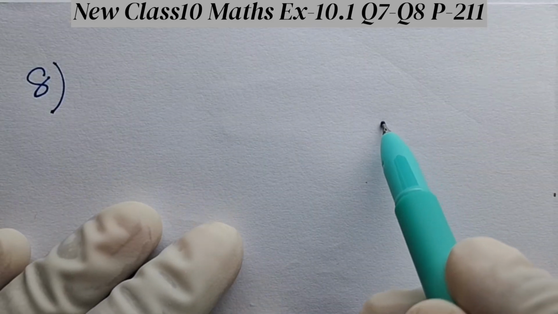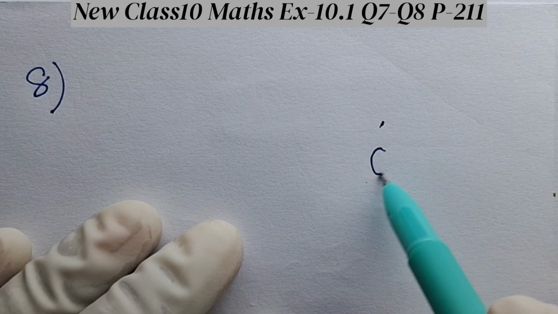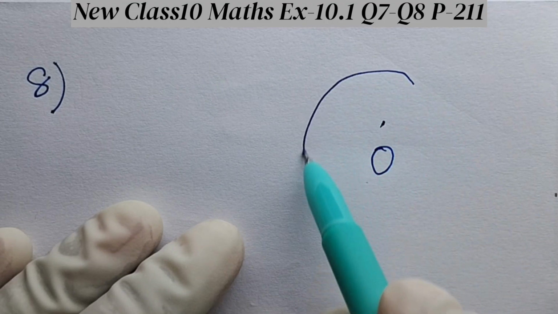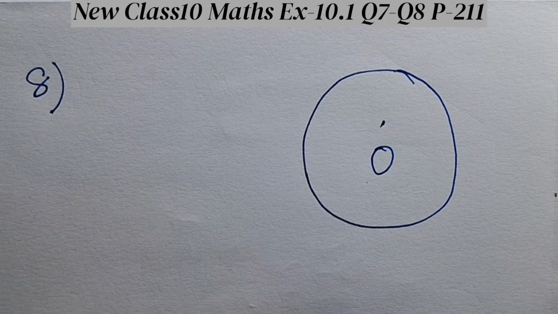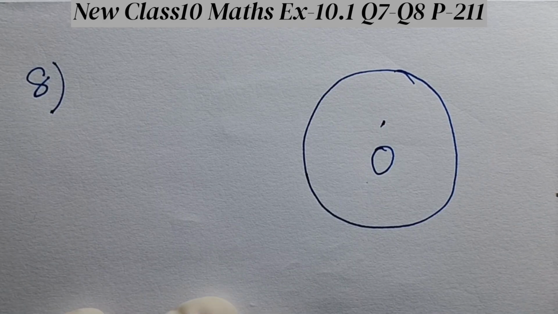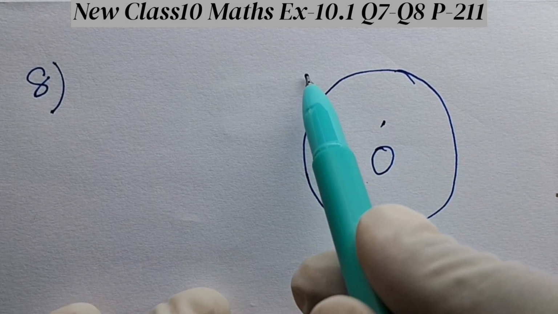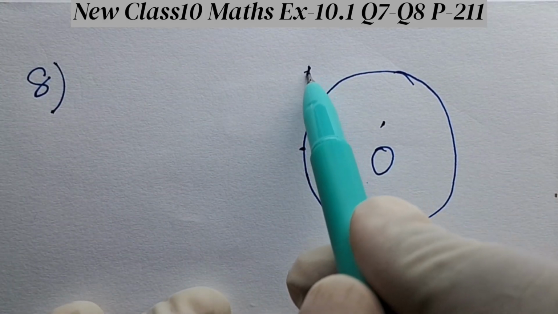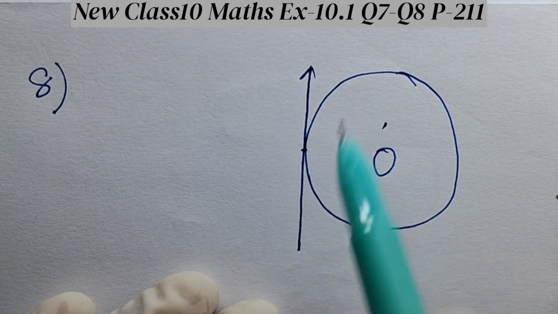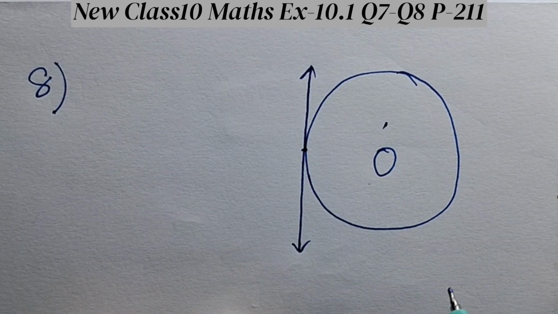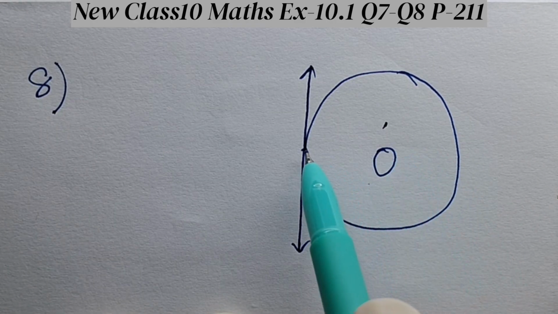I am drawing a circle here with center O. You draw the circle with a pencil and compass. This is a point, this is one tangent, and this is the other tangent.